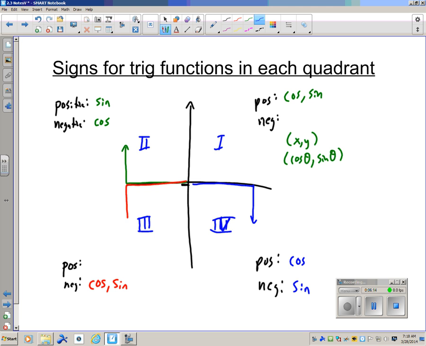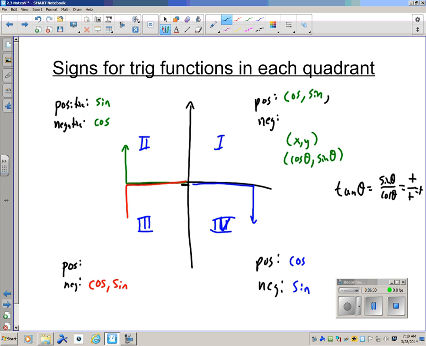So now let's look at the other one, tangent. Tangent is equal to sine over cosine. So in quadrant 1, if I look at my sine over my cosine, you've got a positive divided by a positive, which gives you a positive.